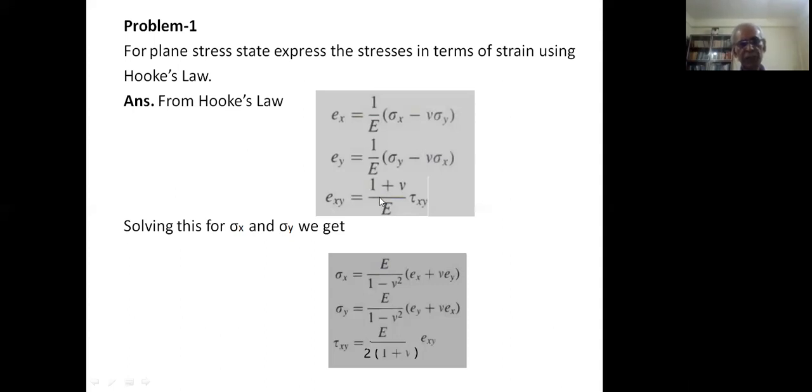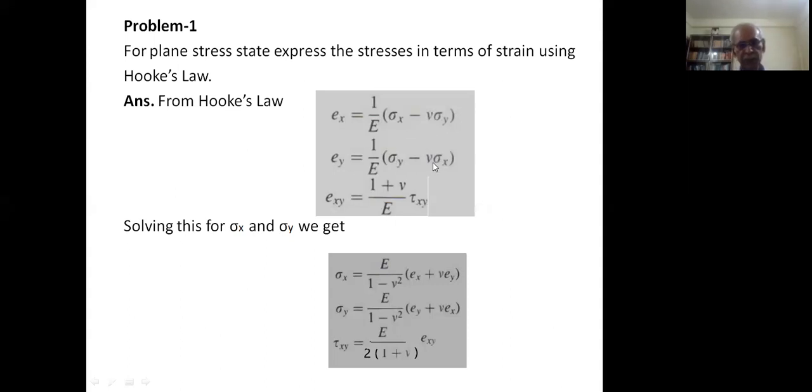So if we want to convert this in terms of stress, or express stress in terms of strain, all we have to do is, the last equation is simple. Tau xy, we write it in terms of strain. So it is just inverting the equation. As I said, 2 is missing here. So tau xy will be E by 2, 1 plus mu epsilon xy. But for the other two, you have to solve for sigma x and sigma y.